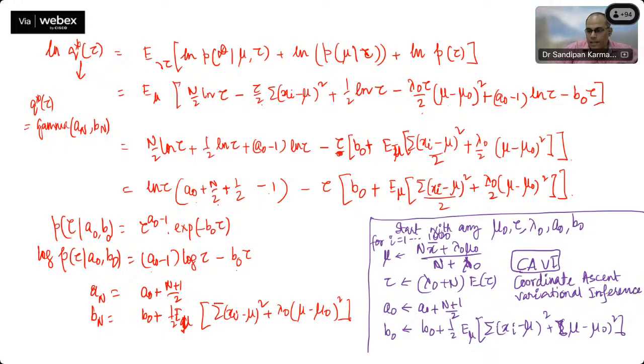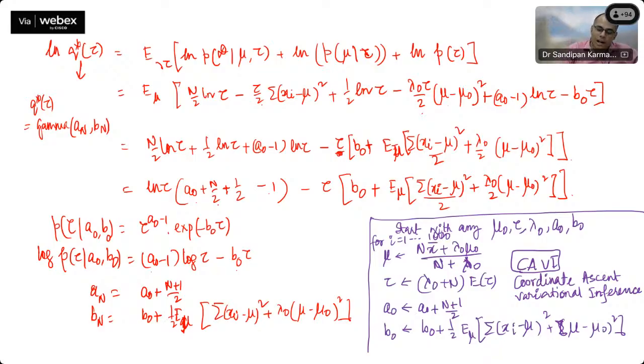What you are doing is first updating mu, then tau, then A naught, then B naught. Again going back to mu, then tau, then A naught, then B naught. In this way, we'll run these iterations, suppose, 1000 times. Then you'll see that after a certain point, it gets stabilized.